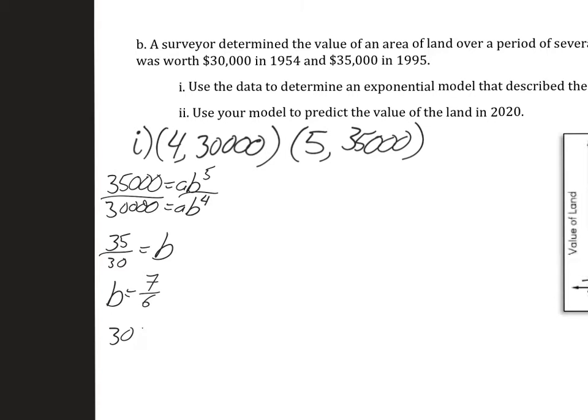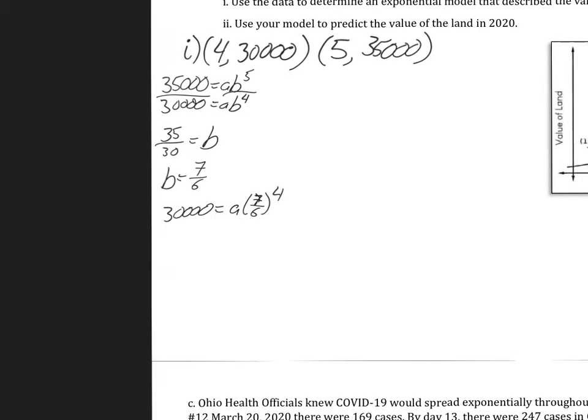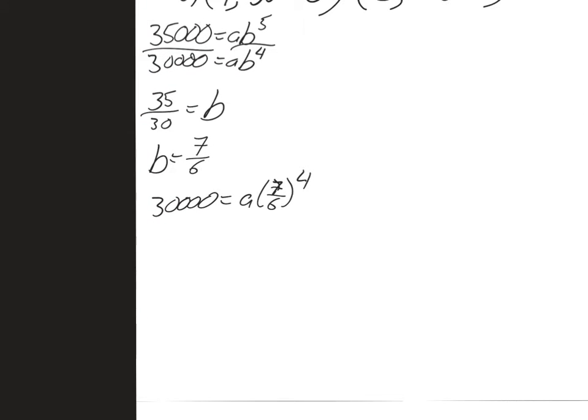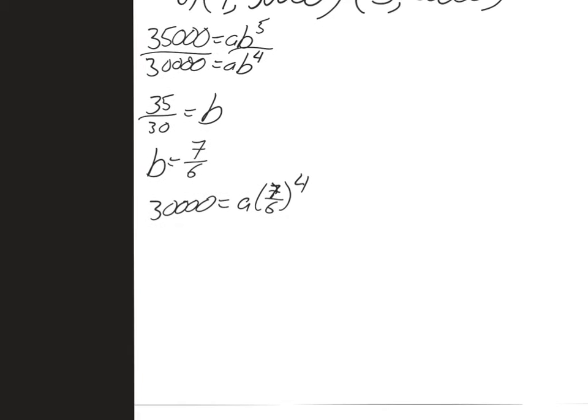So I have 30,000 equals a times 7/6 to the fourth. Okay, so that's going to give me a decimal. Once you figure all that out, it's going to tell you that 16,216.2 equals a.